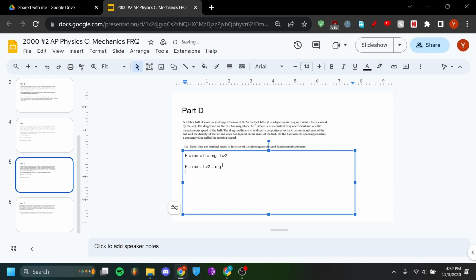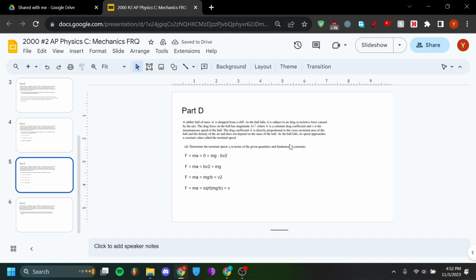To find v, you divide by b, so v squared equals mg divided by b, and then you square root it. So v equals the square root of mg over b. That's what the terminal speed is in terms of the given quantities and fundamental constants.